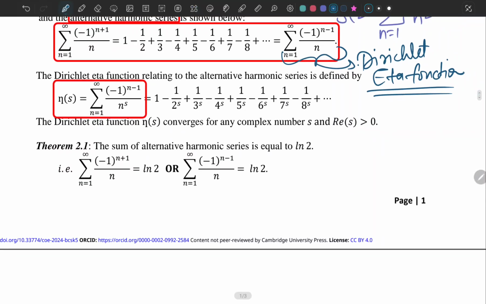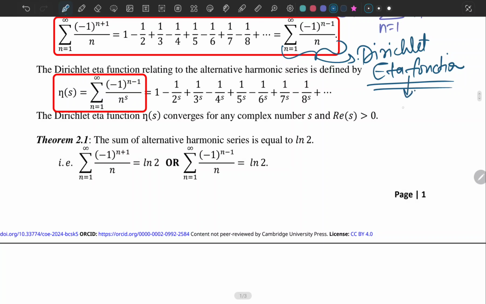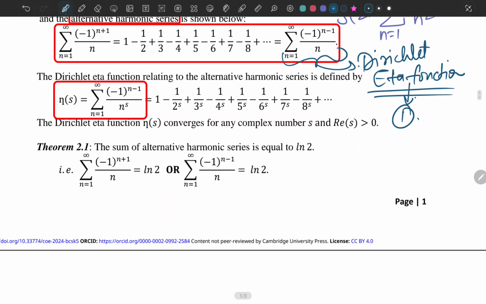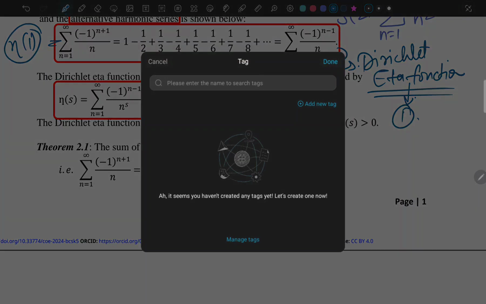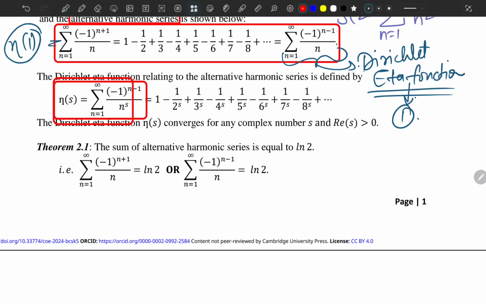Oh, I'm sorry, I just missed that this is the Dirichlet eta function of 1. Be careful about that, because for the Dirichlet eta of s it should be s here, but it's 1, so it's basically the Dirichlet eta of 1. And this is the real Dirichlet eta function.